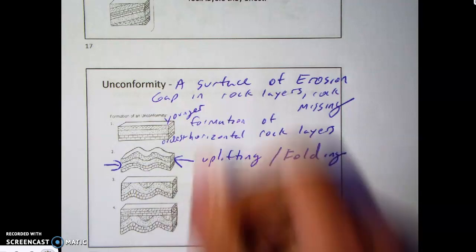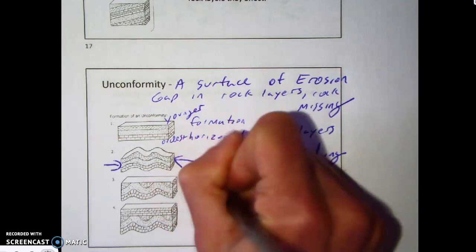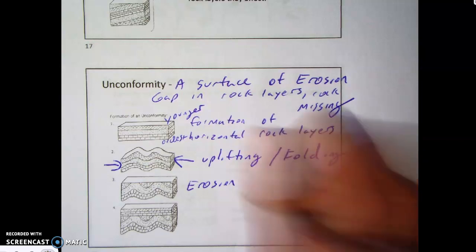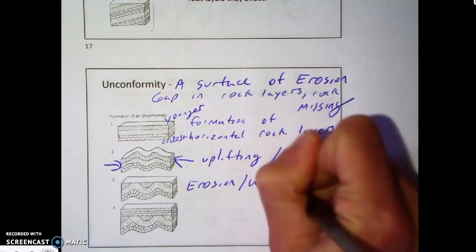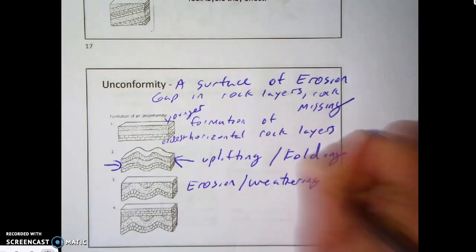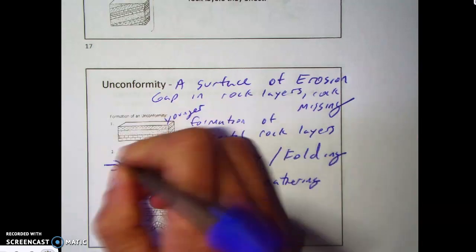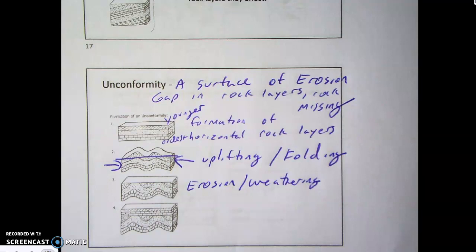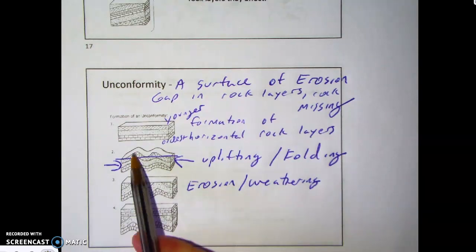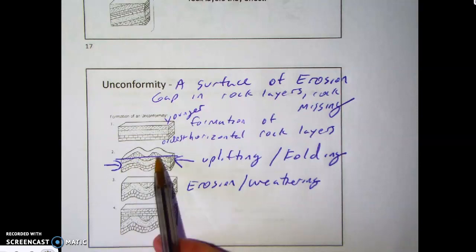Then we have erosion and weathering. The combination of weathering and erosion carries away the upper parts of this, basically chops it off, cuts it off. And we have an erosional surface now, where the top has been weathered and eroded away.